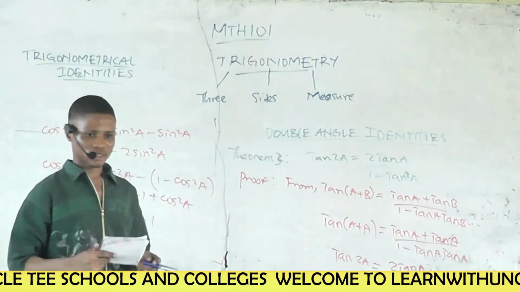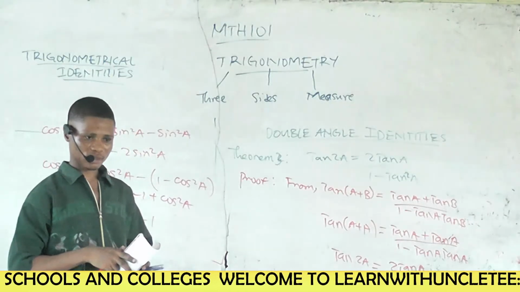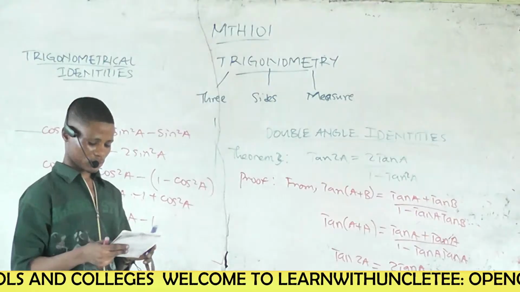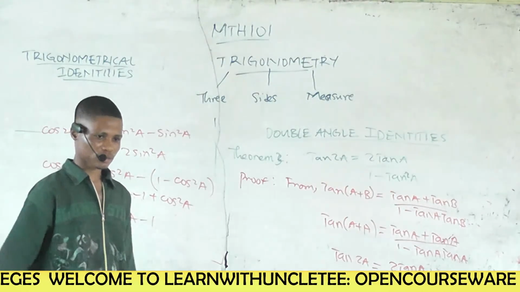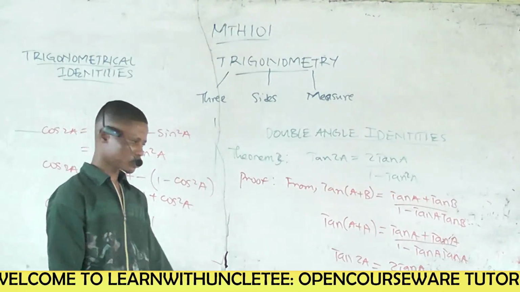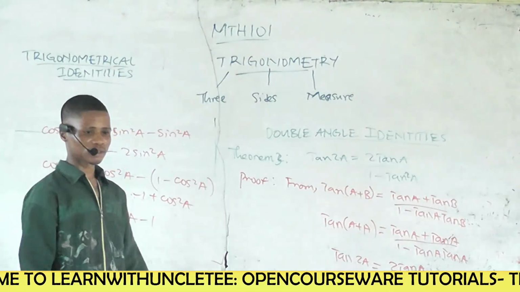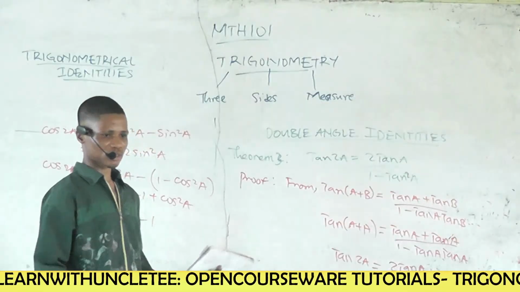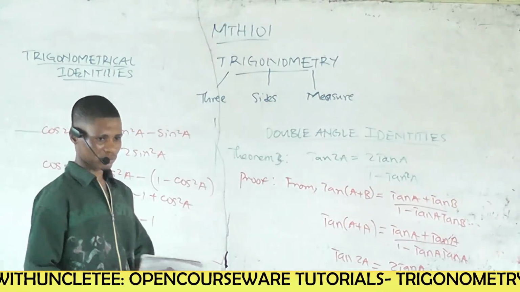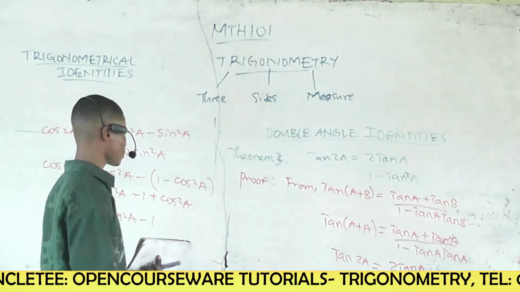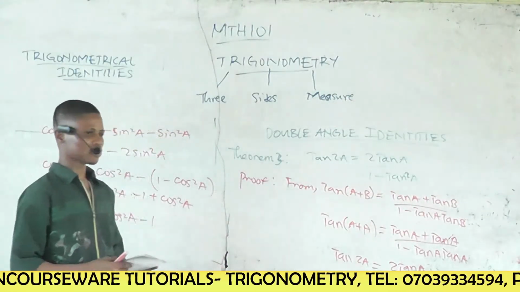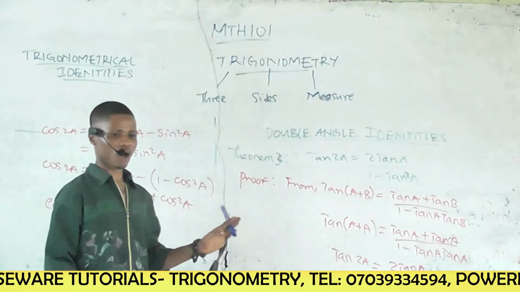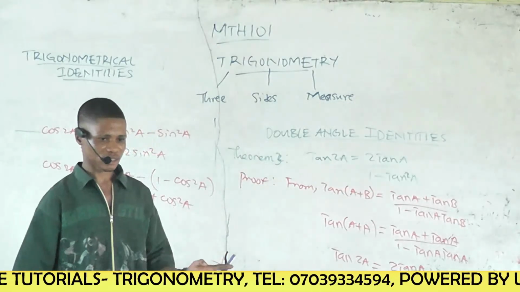Hope you are all getting this. You must get it. It's a must. You must get it. And if you don't understand, you can just signify. I will explain. Okay? So we are done with double angle identities.